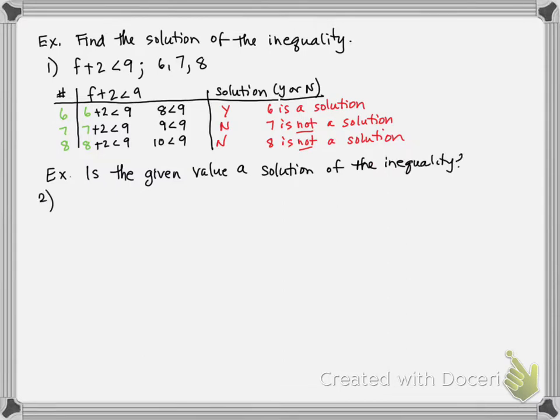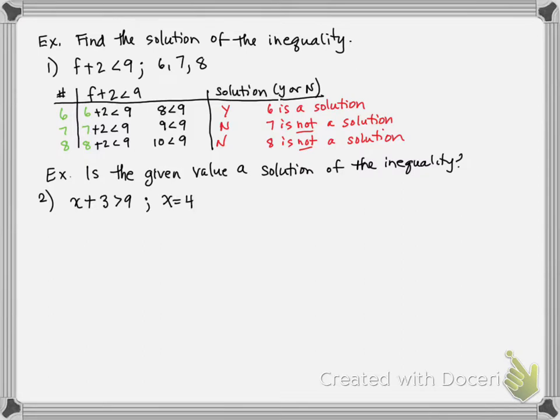Okay, so number 2. So we're going to just be given one choice. So x plus 3 is greater than 9, and then they're going to give us a value. So x is equal to 4.